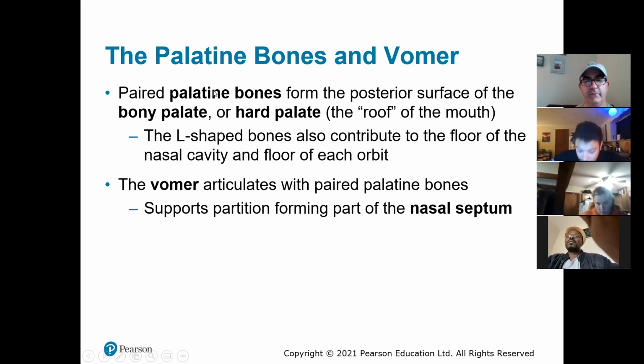We have a right and a left palatine bone. In the nasal cavity, we have a bone called the vomer. This forms part of the nasal septum. The nasal septum out here is cartilage, but way back in your skull there's a bone that divides your nasal cavity into left and right. That's called the vomer.